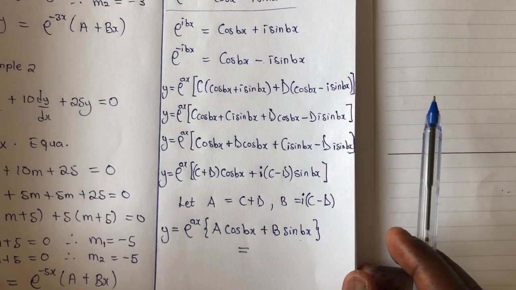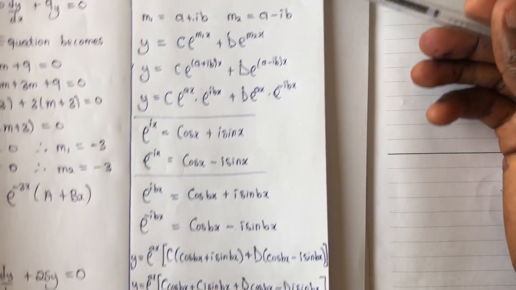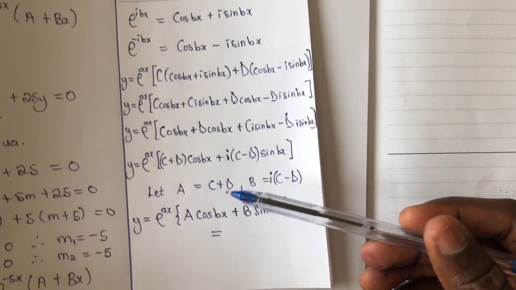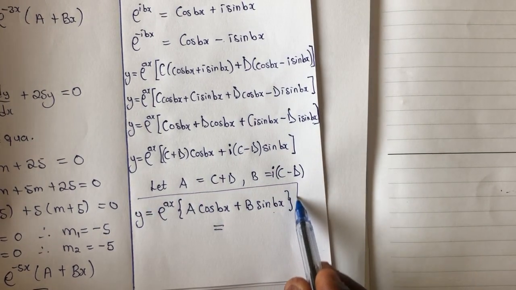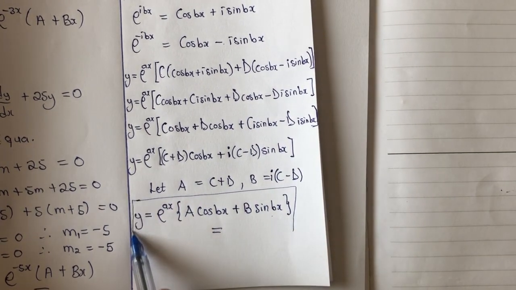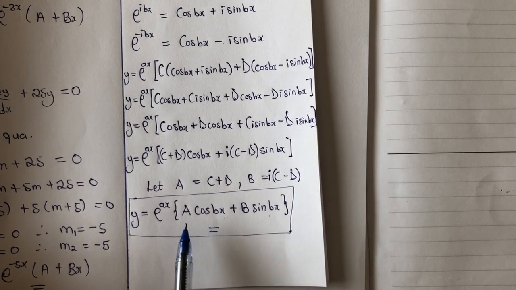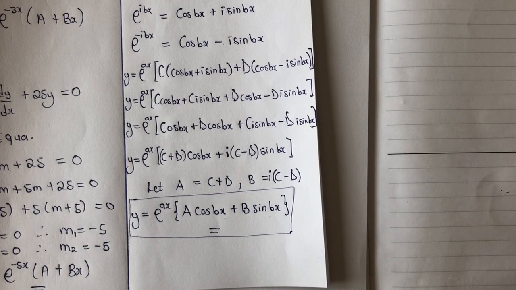Secondly, the interesting thing about this is that you don't need to pass through all these steps to generate your answer. All you need to do is keep this in your mind. Once you have this in your mind, you can generate everything.